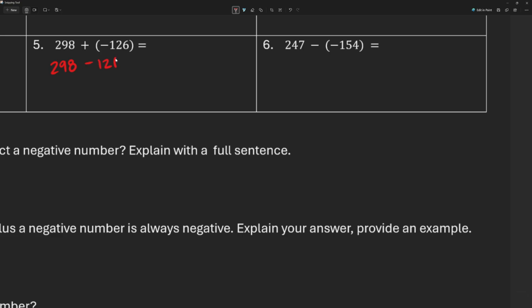So that 126, adding a negative is the same as subtracting that negative number. And this one, we have two minuses. So subtracting a negative becomes a positive. So you could rewrite this one as 247 plus 154. Okay. So just keep that in mind, right?